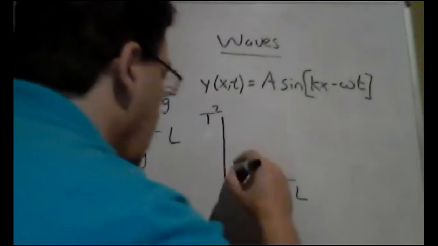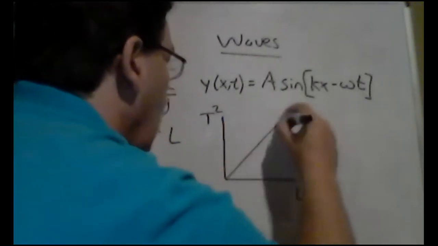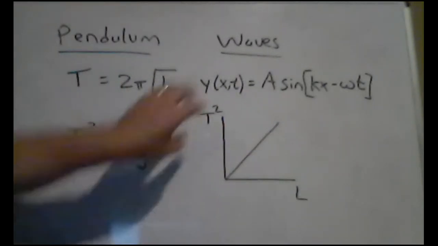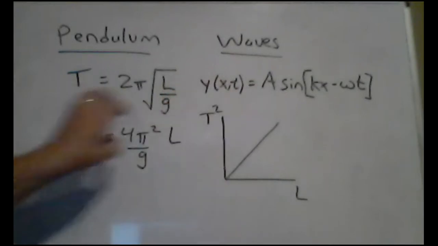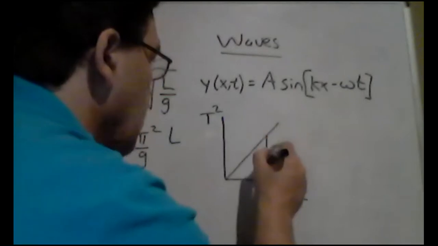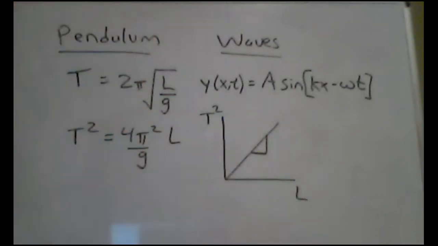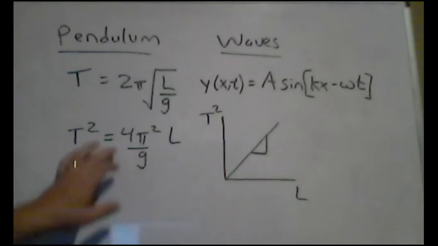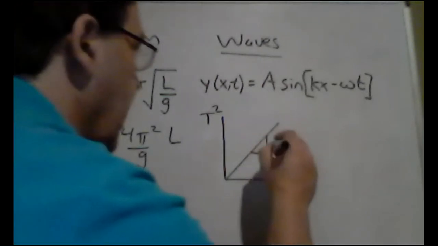So what I should see now is a nice straight line because I'm considering T squared as my variable. Now I have a linear equation, and my slope should be what? This is a y equals mx kind of thing, right? My slope should be 4 pi squared over g.